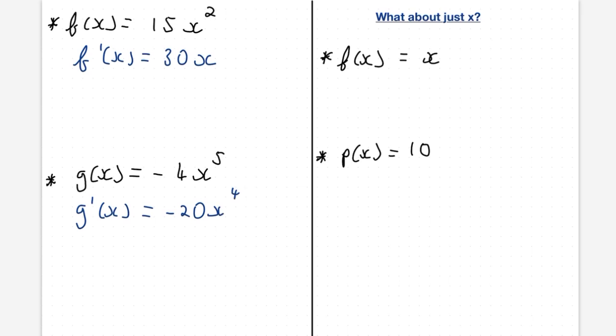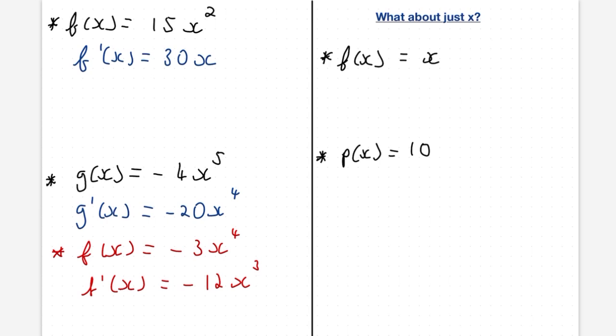Let's actually do one more here. What if you were given that f of x is equal to negative 3x to the power of 4? Well, then f prime of x would be negative 12x to the power of 3. We just take the exponent, multiply it by the coefficient, and subtract 1 from that exponent.